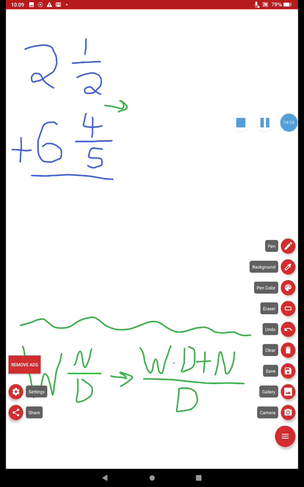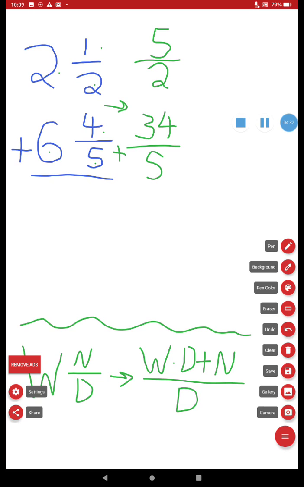So 2 times 2 is 4. 4 plus 1 is 5. 5 halves. 6 times 5 is 30. 30 plus 4 is 34. 34/5.